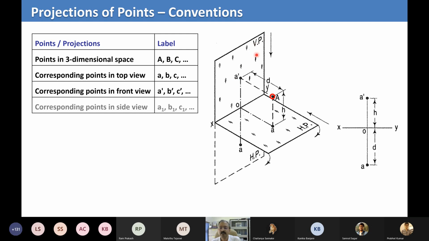And the vertical plane is coming above the horizontal plane because whenever you want to get both the views on a sheet of paper in two-dimensional space, you always rotate the horizontal plane clockwise, like this, to make it vertical. So the front view is coming above the top view. And what I mentioned is that small a, the top view, is coming below A dash, which is the front view of the same point A. I think that's clear enough, right?